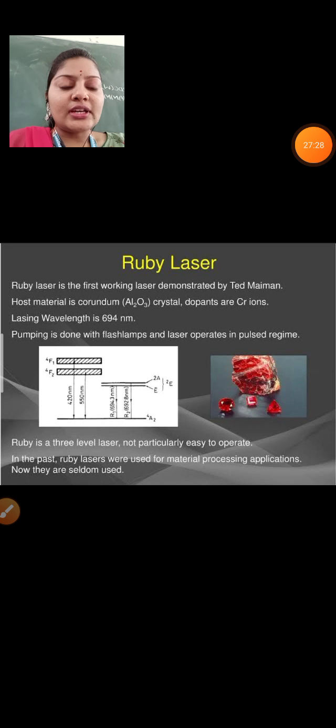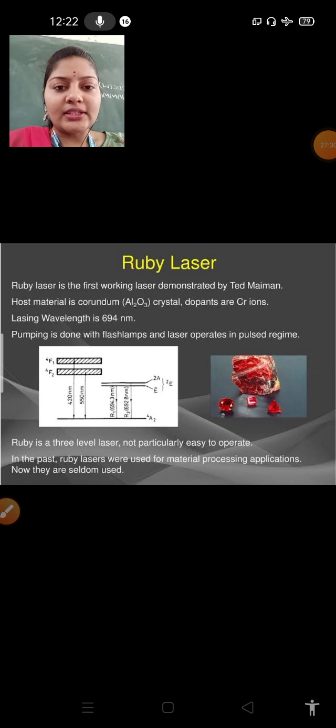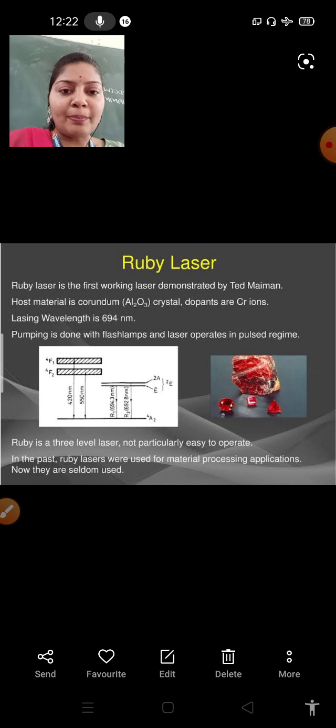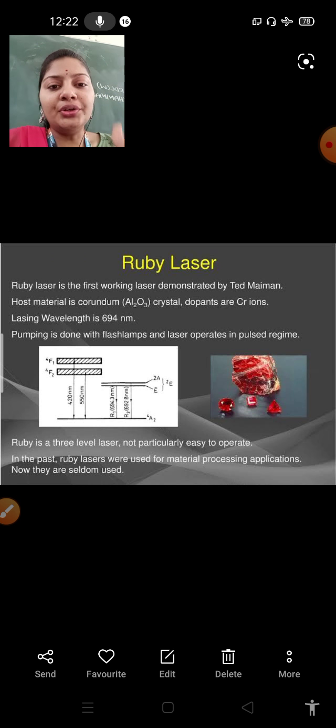In the ruby laser the pumping is optical pumping. By using optical pumping we can transfer the atoms from the ground state to the excited state.